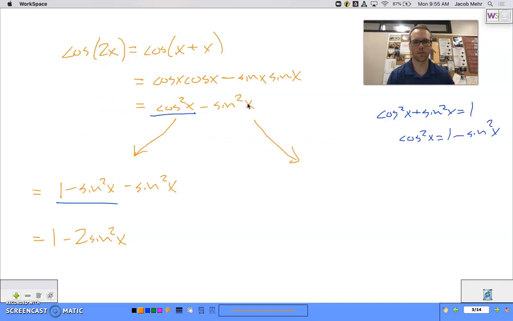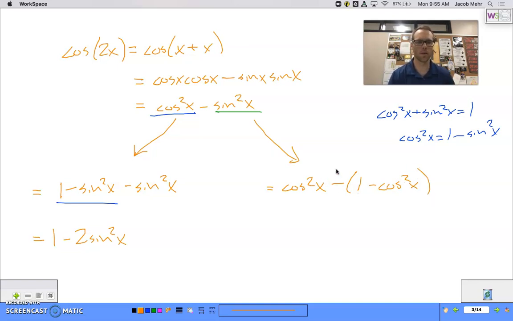Our third, okay, is let's use an alternate Pythagorean identity for this one and write this as cosine squared of x, so that's this first one, minus, what's the alternative for this? 1 minus cosine squared. Now notice I'm being careful here. I'm subtracting.